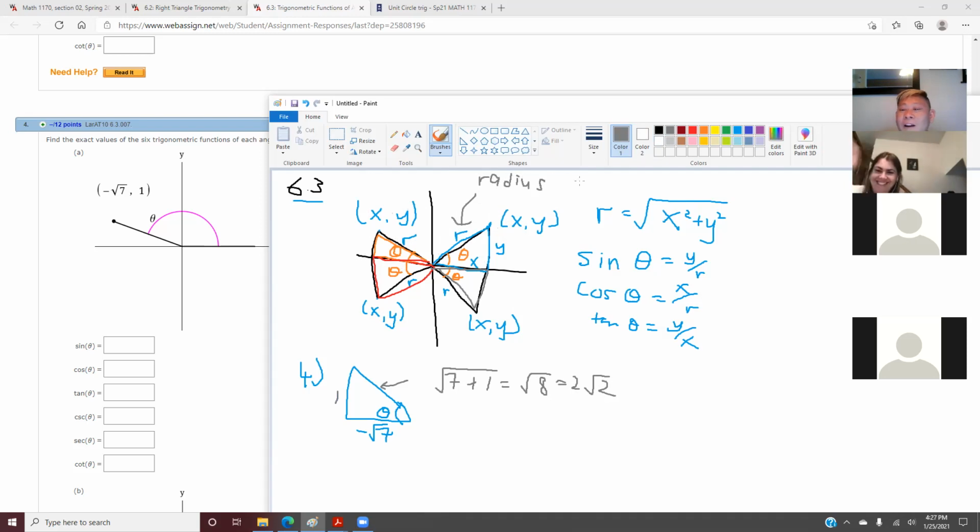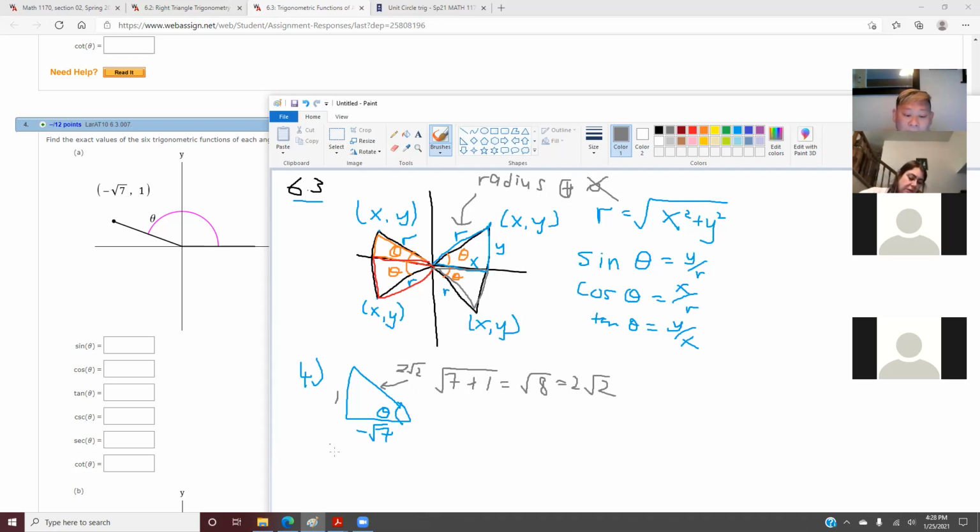That's why we call it r, because if you draw a circle, that is your radius. And the radius is always positive. You cannot have a negative radius, and you cannot have 0. It's a circle, right? So that's why this number is always a positive number. So this is actually 2 root 2.